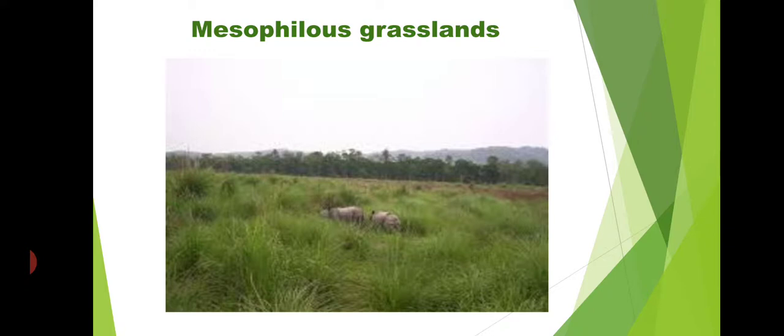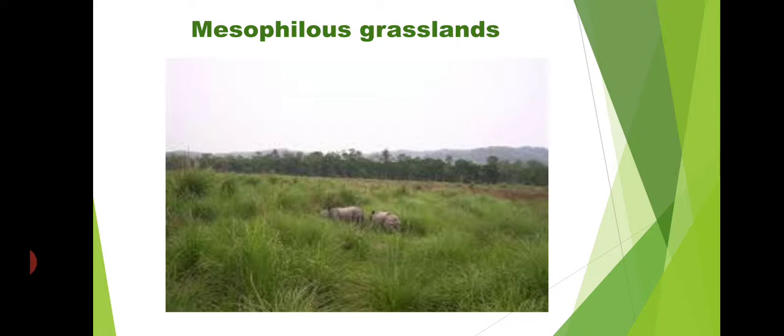Then mesophilous grasslands, which are otherwise actually called savanna. We can see lush green live grasslands, and the forest floor is completely covered with green grasses, so they are called savannas.